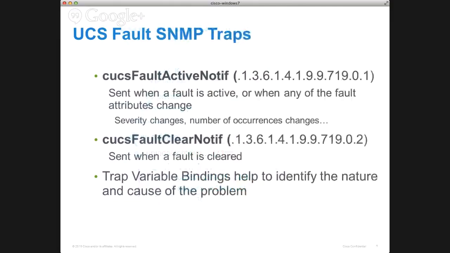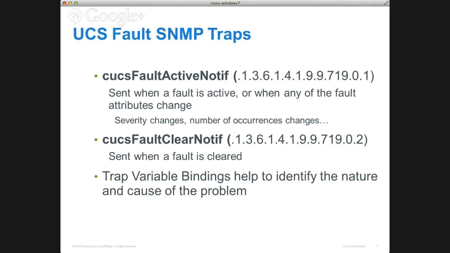So we basically defined two traps, one called cucsFaultActiveNotification. We showed those in previous screens, the OIDs that ended in .1, and those are alerts that are sent when a fault is active, meaning a fault is being raised, it has a severity of something like minor, warning, major, or critical, and a fault is occurring.